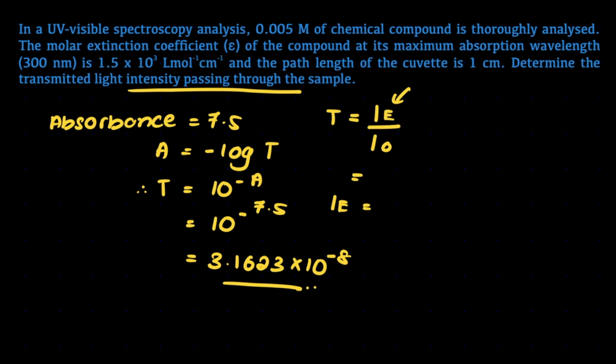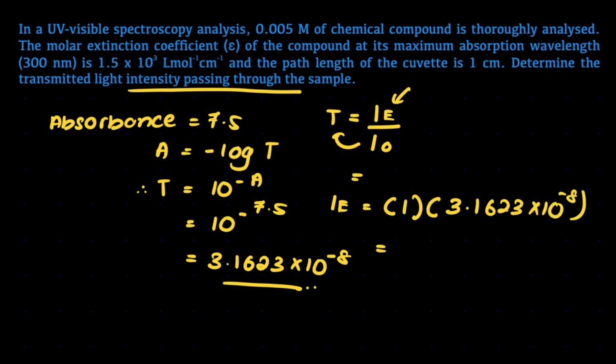So it's equivalent to your transmittance itself times the initial intensity. So initial intensity is supposedly 100%, so it is equivalent to 1 times the transmittance itself, which is 3.1623 times 10 to the power of negative 8.